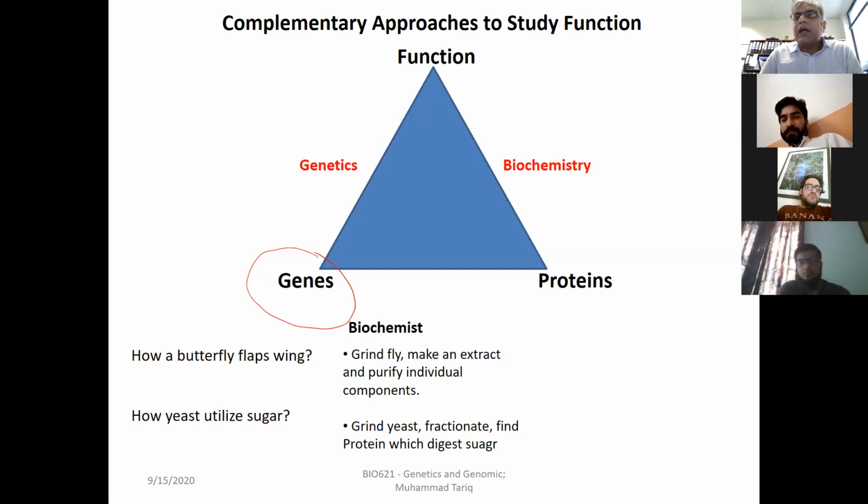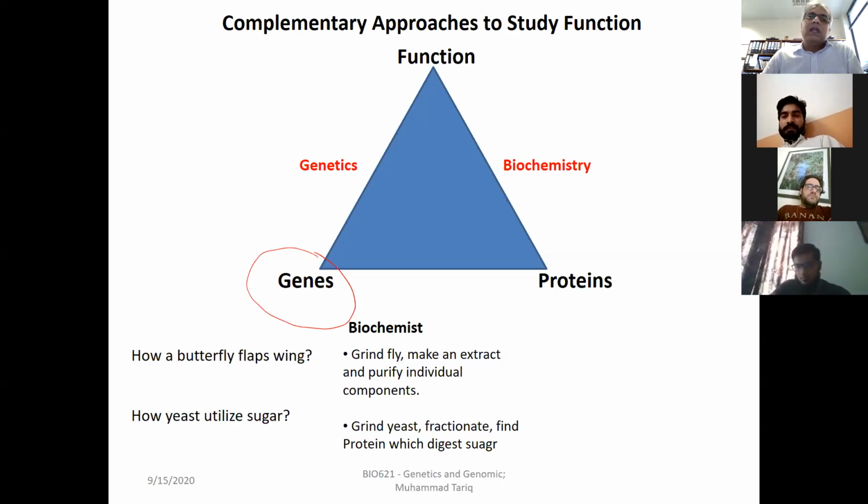Again, what is the biochemical approach going to do? It's going to grind yeast, make a yeast extract which contains proteins, and then find proteins which can digest sugar.